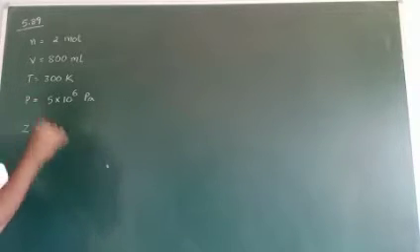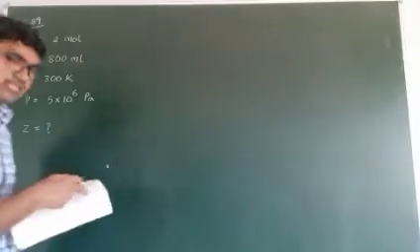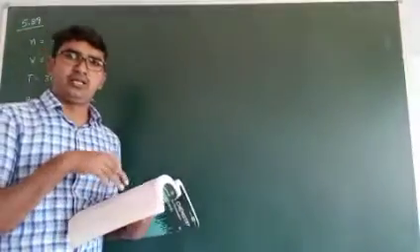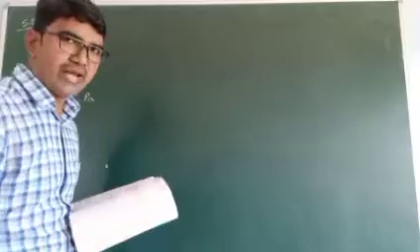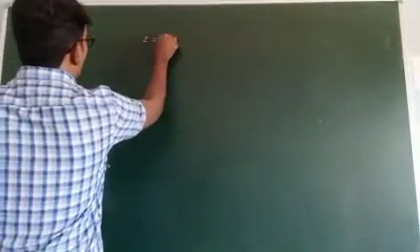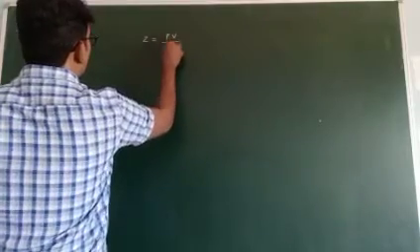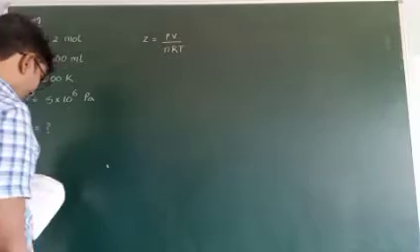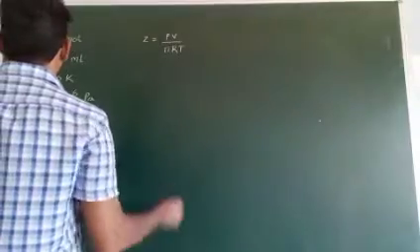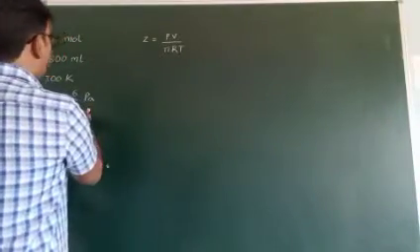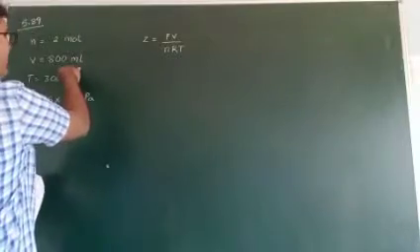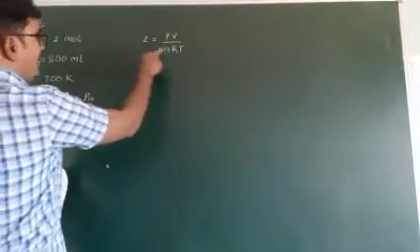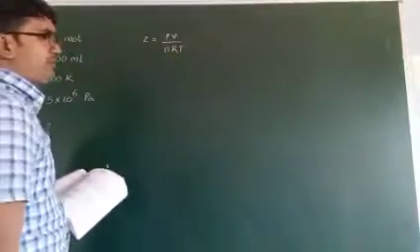What is the formula? In this book they solve differently, but there is no need to calculate like that. We know the direct formula, that is Z is equal to PV by nRT. Pressure is given in Pascal, volume is given in milliliter, but R value we know in liter atmosphere.